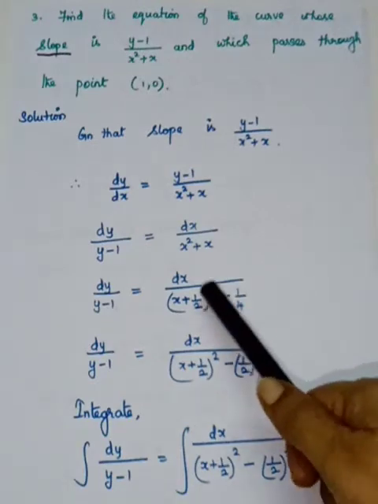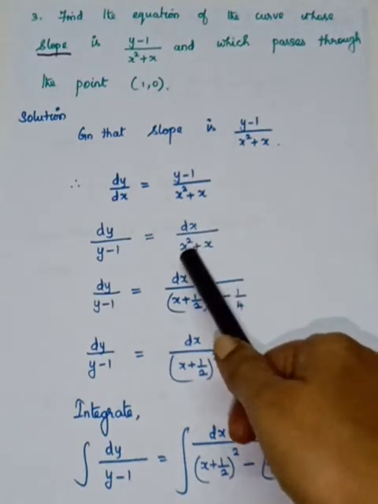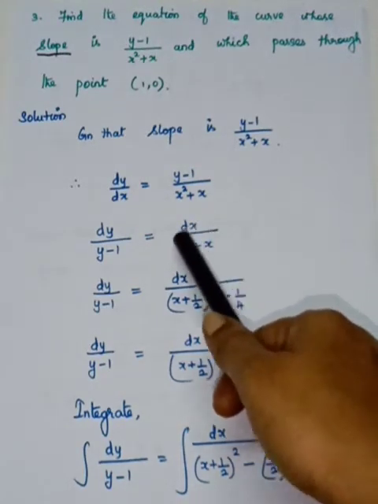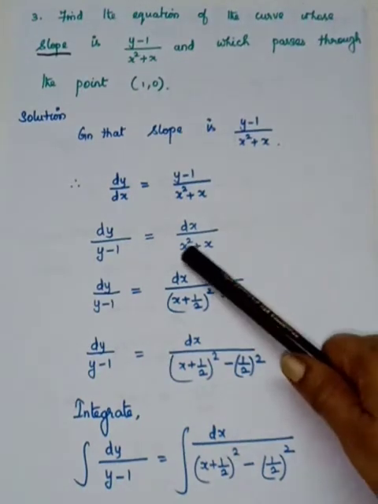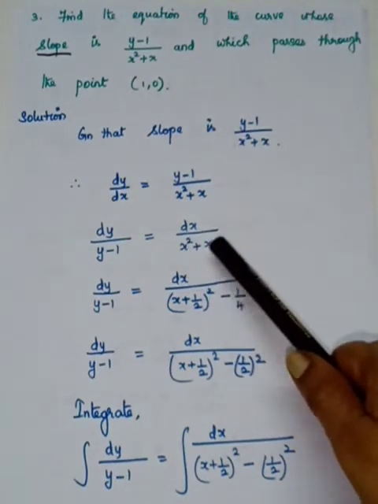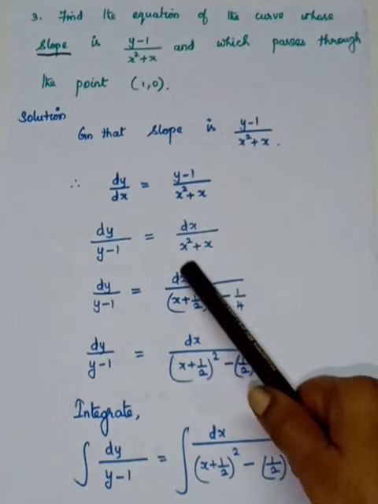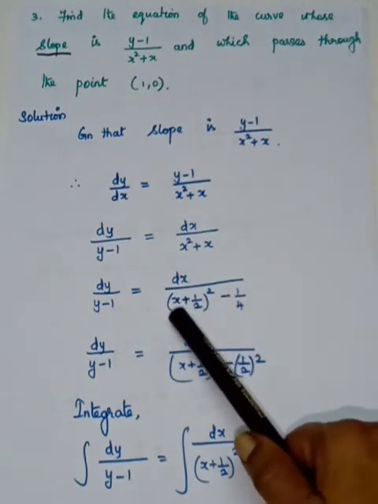Before going for the integration, this x squared plus x term has to be written as a perfect square. So for that, what you have to do? For x squared plus x, you have to make a completion of square. For that, I have written the variable x.